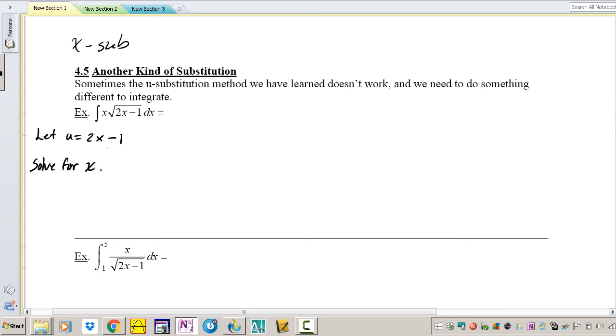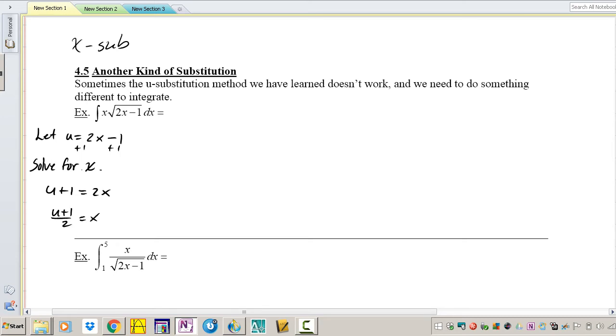What does that mean? It means I have to add 1 and then divide everything by 2. So let me do this one step at a time. If I add 1 to both sides, I get u plus 1 equals 2x. If I divide by 2, I get (u plus 1) over 2 equals x.